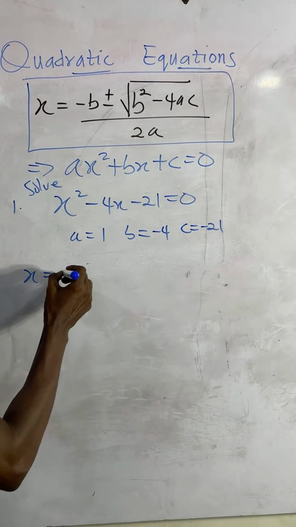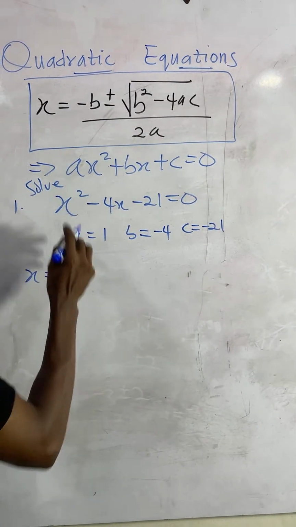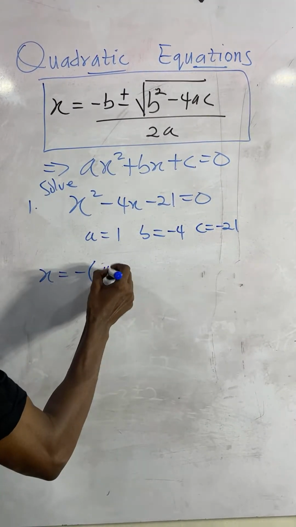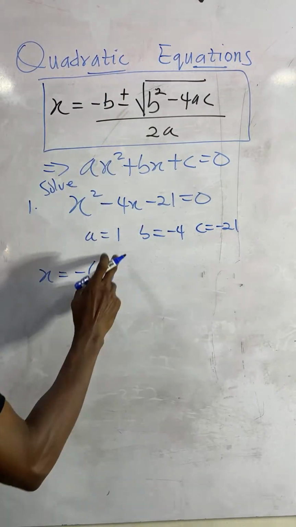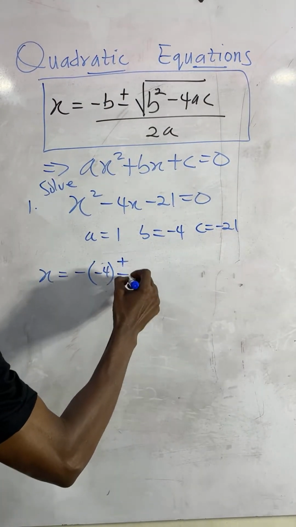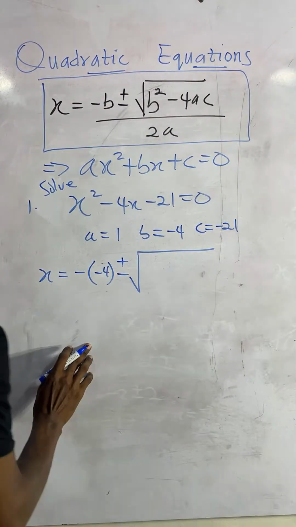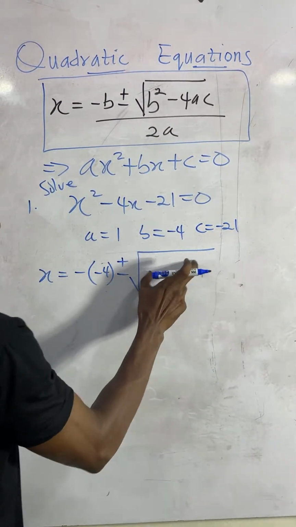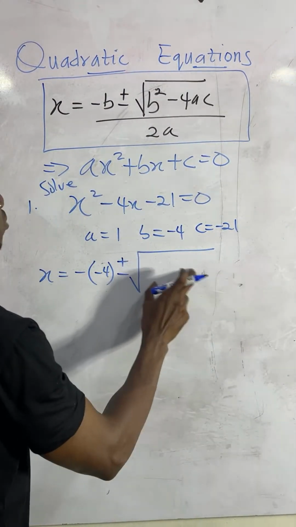So x equal to minus b. Our b is minus 4. That's minus b, plus or minus the square root of the discriminant. We'll talk about that very soon.